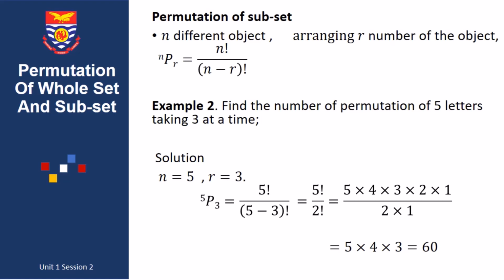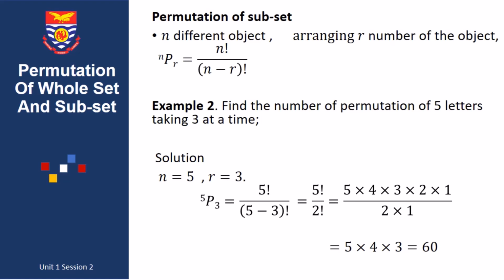You have n different objects and we are arranging r number of them at a time. You're not taking all, so that could be n permutation r, which equals n factorial all over (n minus r) factorial. You get it? And you know how to work on factorial analysis or how to break down factorials.